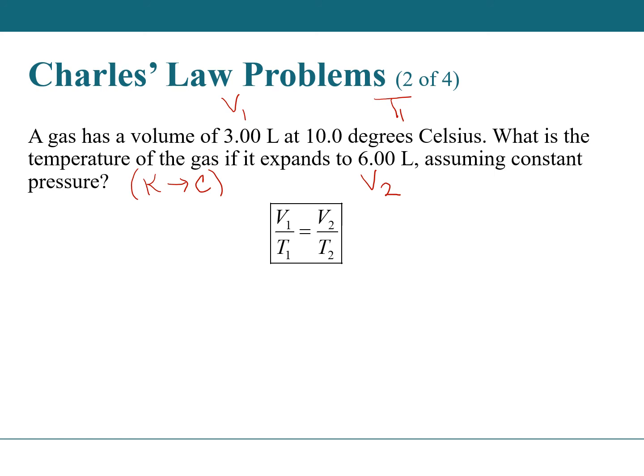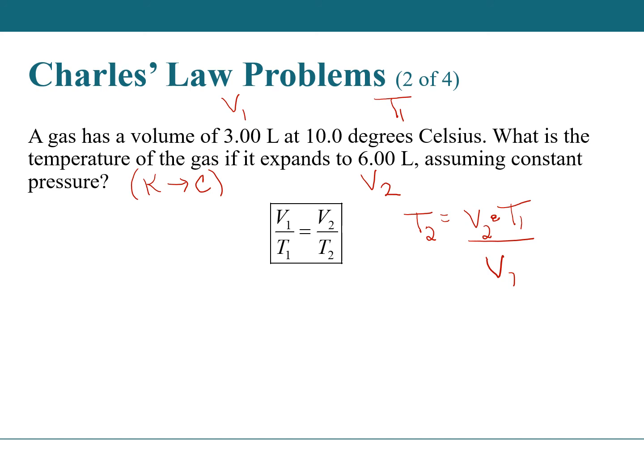So let's rewrite our formula. We're looking for T2. So I'm going to multiply by T2, and then I'm going to multiply by T1, so T2 equals V2 times T1 divided by V1.